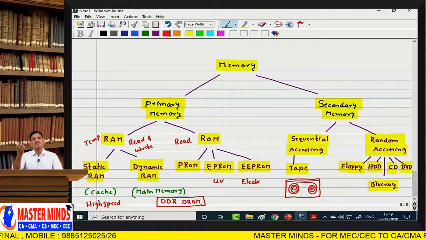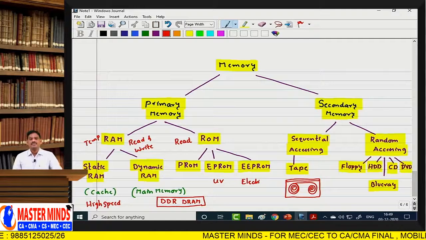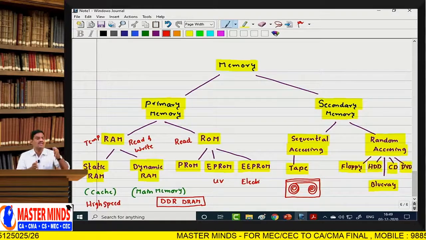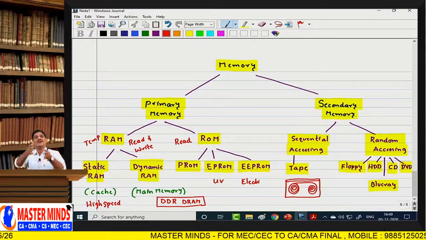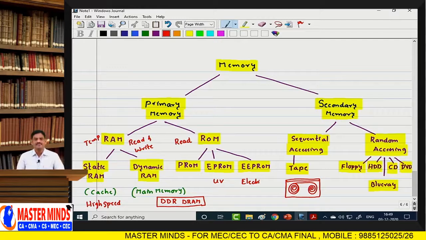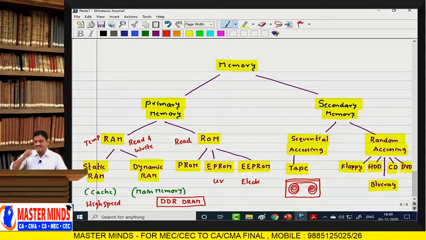Nowadays, we have a remote. The time required to access channel number 1 is equivalent to access channel number 100. That is called direct access, random access.